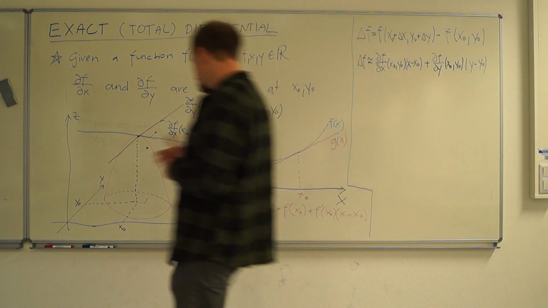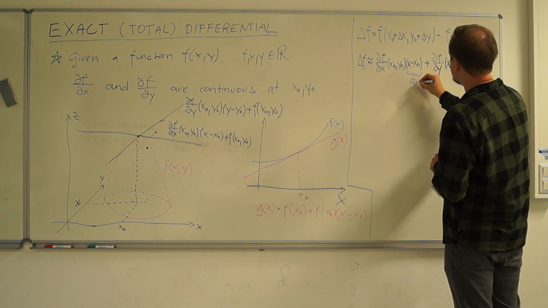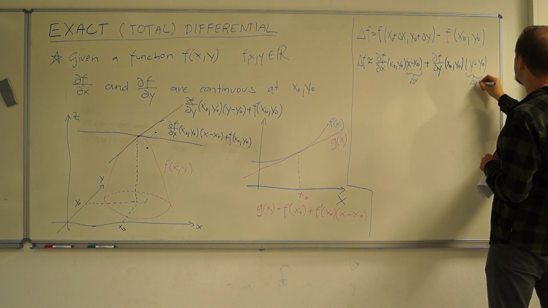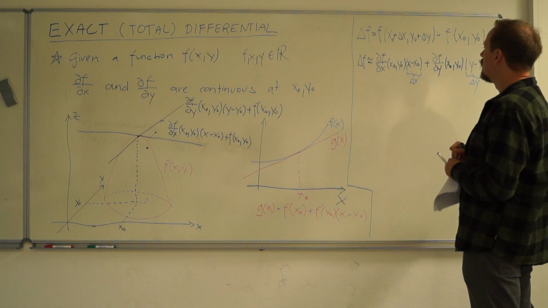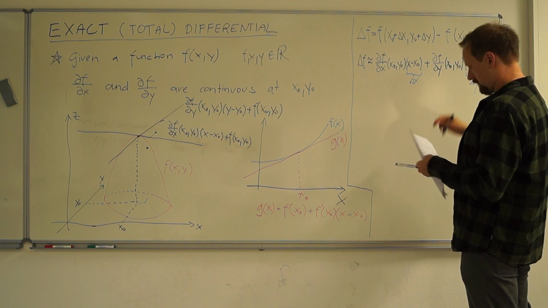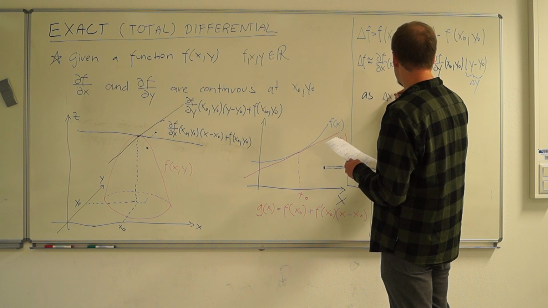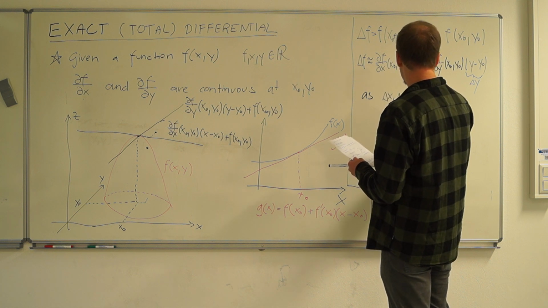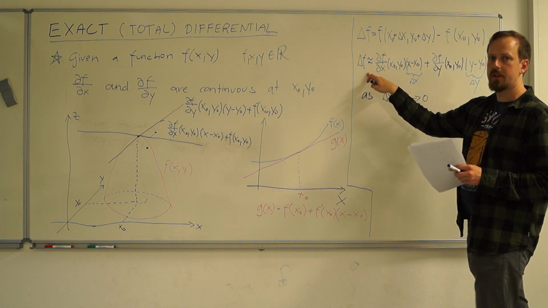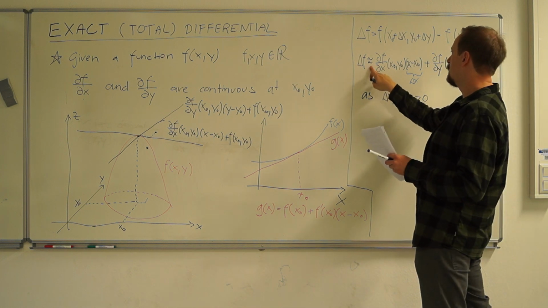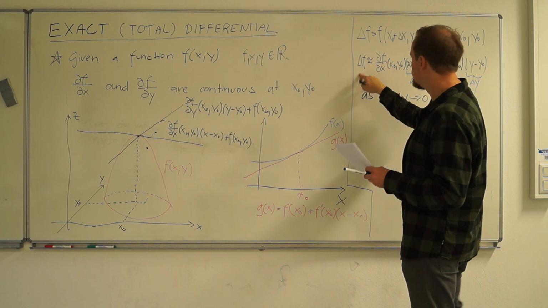Now I can set this term in the brackets to be delta x, and this term in the brackets to be delta y. As delta x and delta y go to 0, this approximation sign becomes an equality, and the change delta f becomes infinitesimally small.